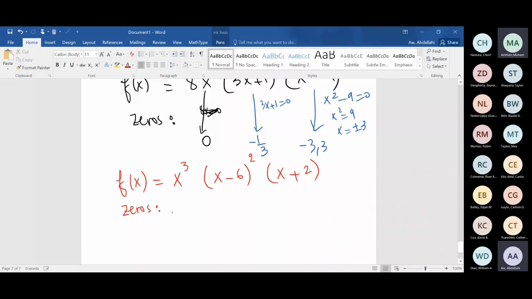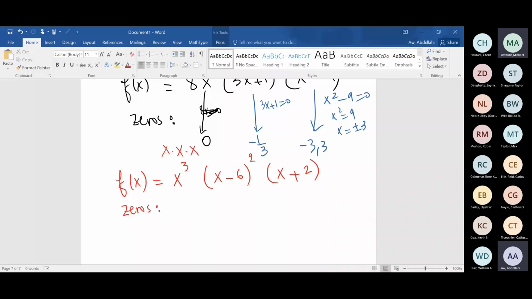For the first factor x cubed, what is the zero that corresponds to x cubed? 0, right? But look, we have an exponent. If you write this explicitly, how many zeros do you have for x cubed? If you expand x cubed, you write x times x times x, so that's 3 factors, and each factor has a zero which is 0.